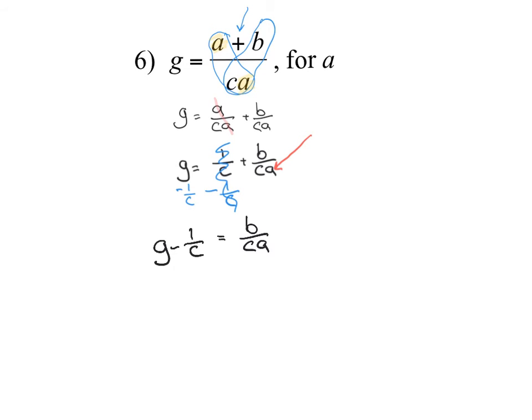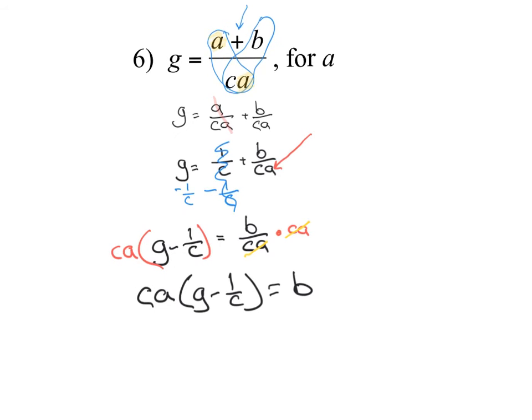All right, so I don't like the A in the bottom of a fraction. So what I'm going to do, I'm going to multiply this side by CA. So I'm going to multiply this whole thing by CA. And what that's going to do, watch, it's going to cancel that out. And then we end up with this CA over here. So I'm just going to rewrite it. CA times G minus 1 over C equals B.